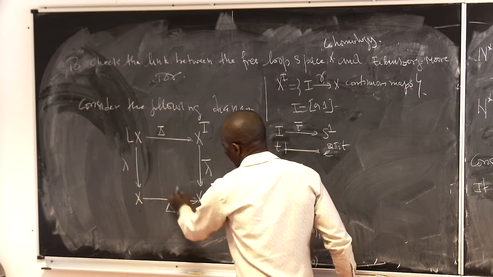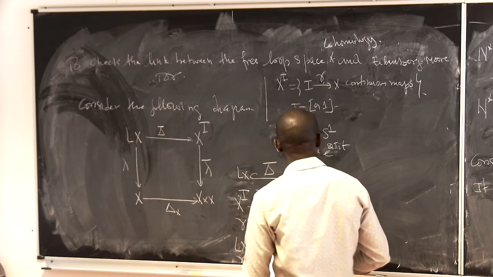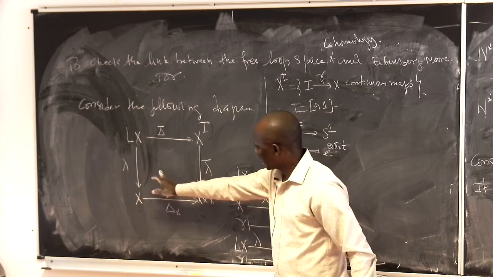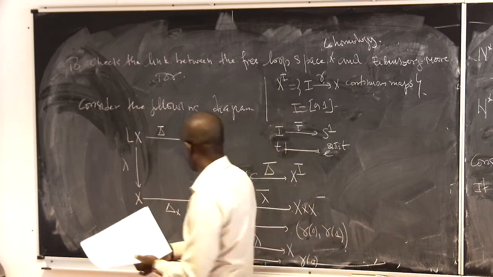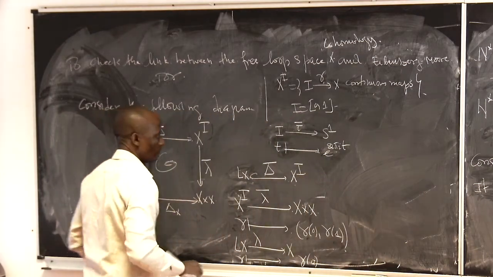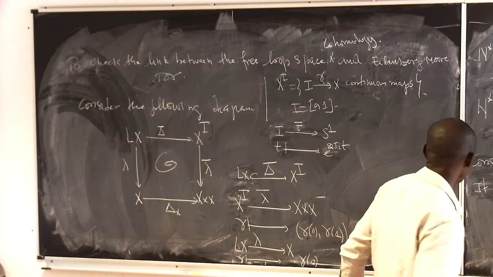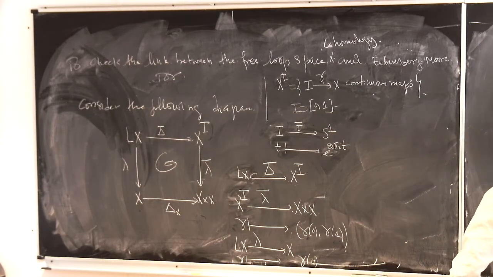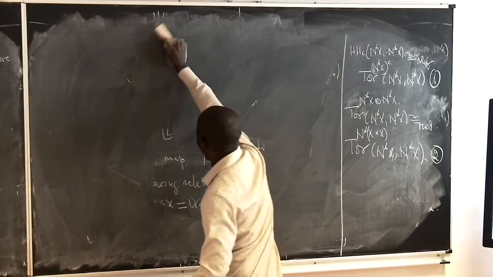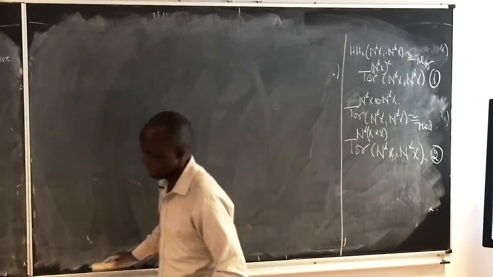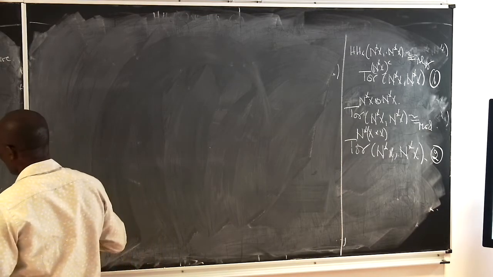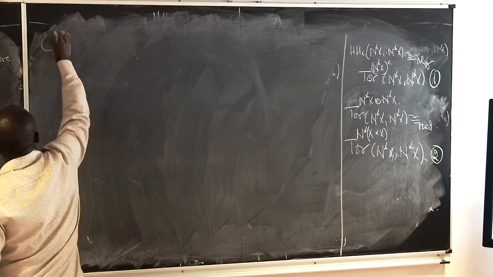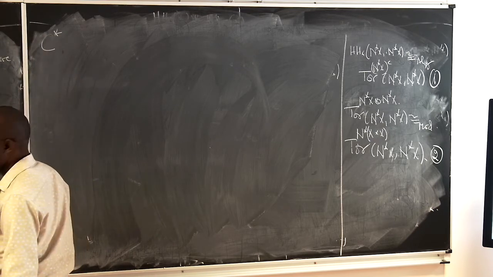So with all these maps defined, we can easily check that this diagram is commutative. The diagram is commutative. So having that the diagram is commutative, we apply the quotient functor to this diagram.